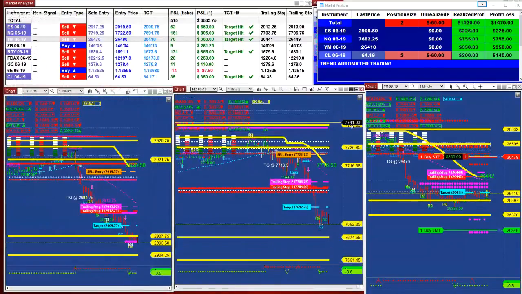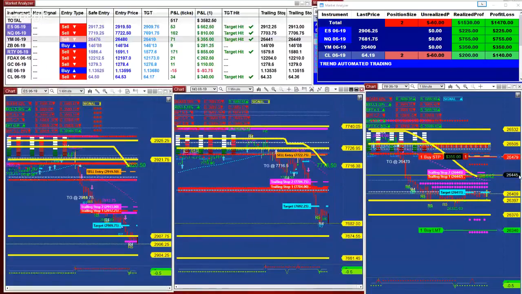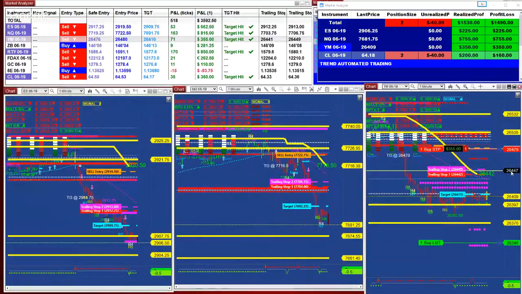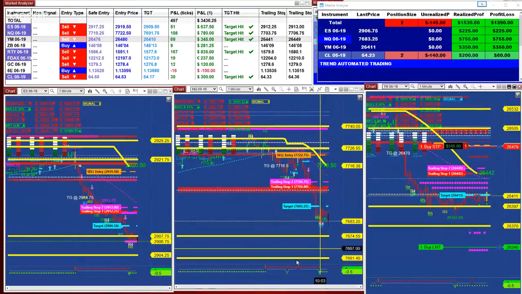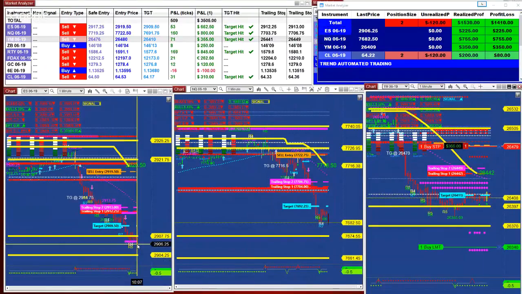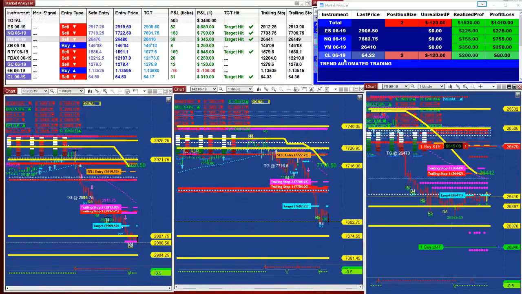So right now we are bottoming out on this one here, and there is not much to grab on the short trade anymore. The reason is there is a lot of risk taking a short trade here, unless you want to scalp, and that's why we are putting the market analyzer for you.